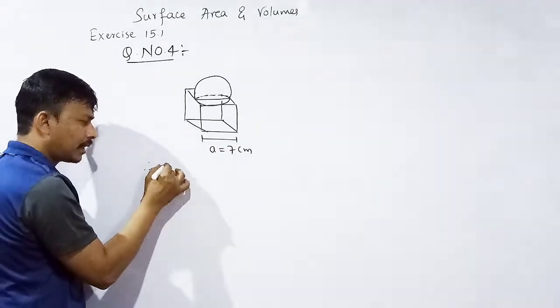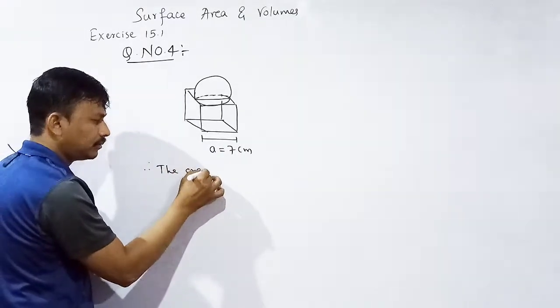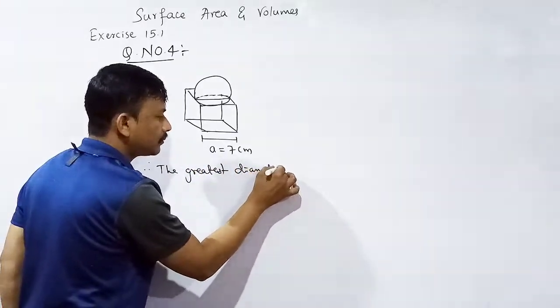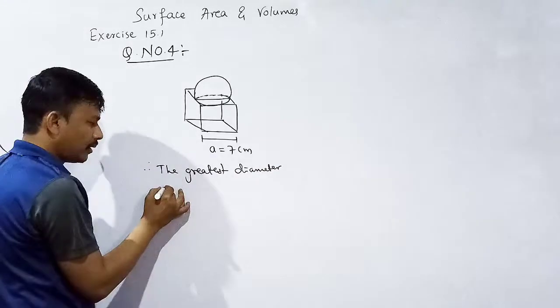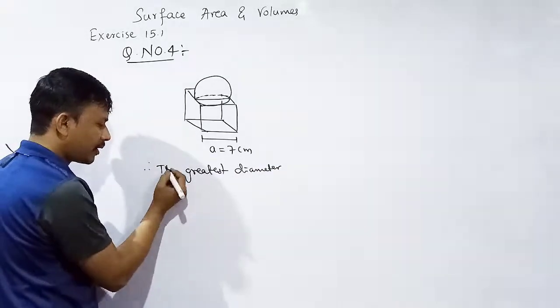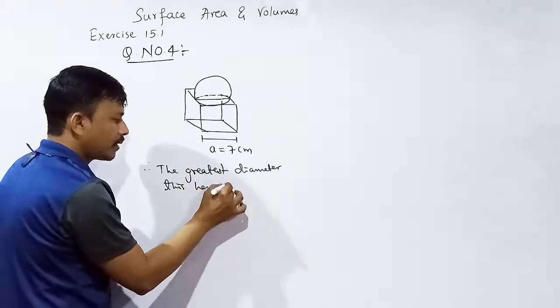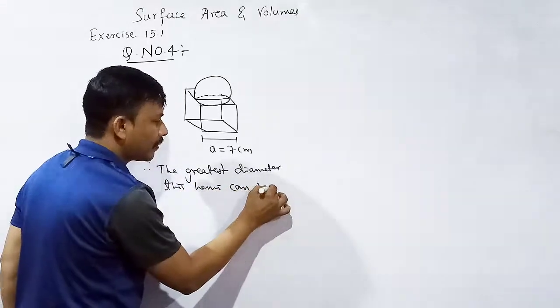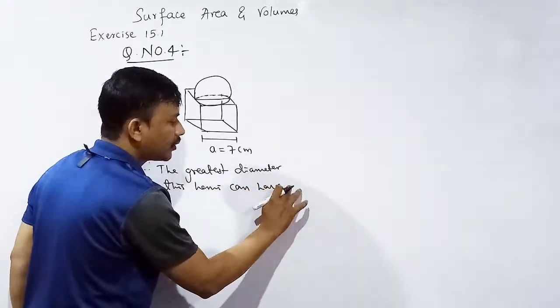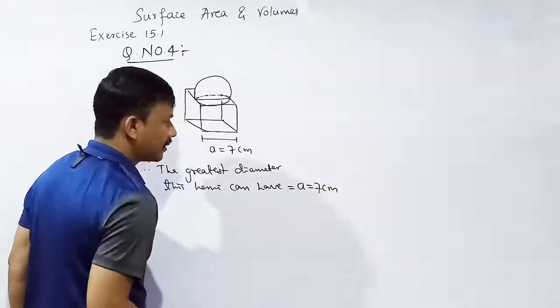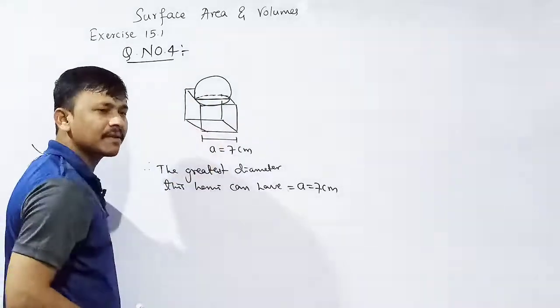Therefore, the greatest diameter of this hemisphere can have is equal to how much? A equal to 7 centimeter. The greatest diameter is 7 centimeter.